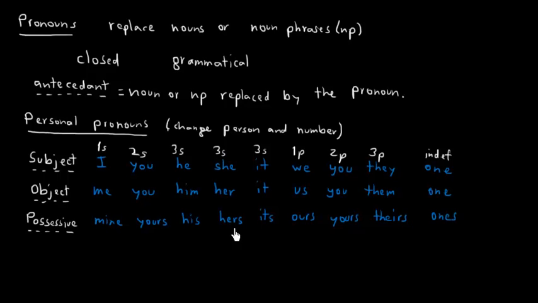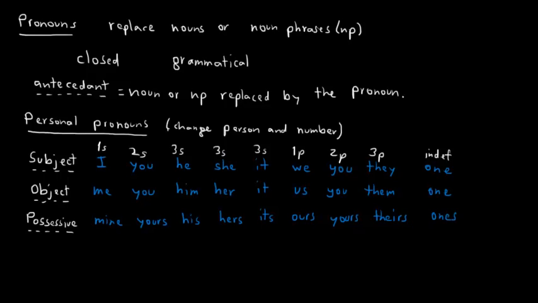Okay? And in this case, the person and number that they agree with is not the person and number of the head of the noun phrase. So, my dog. Okay, well, dog would be third person singular. But no, we would use mine. So in the possessive, we go back to whoever owns the head of the noun phrase. Okay, so that's a little different.